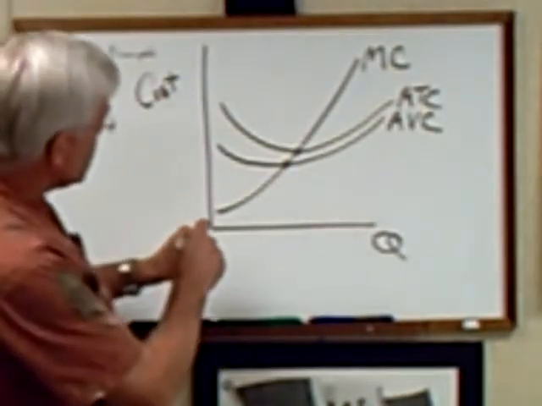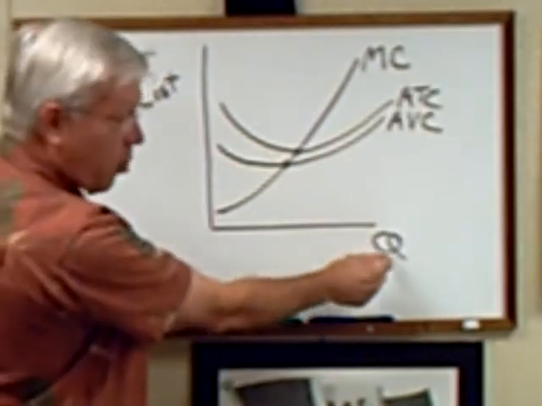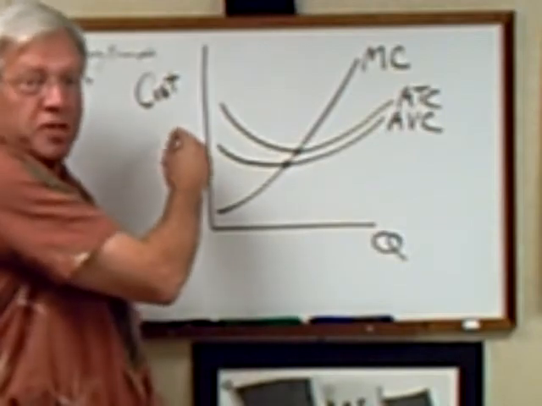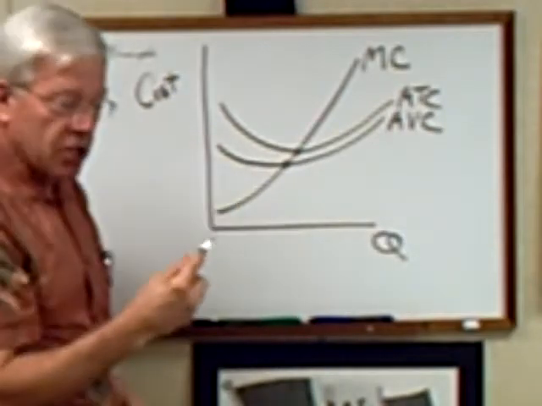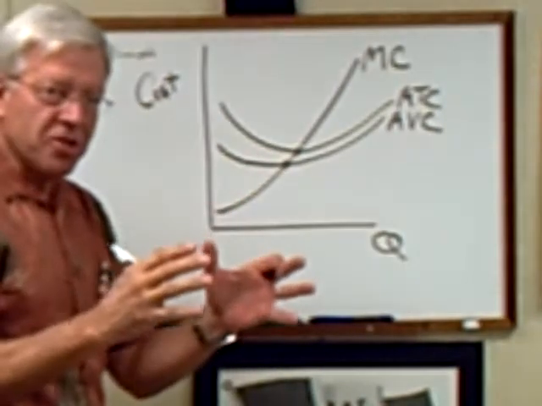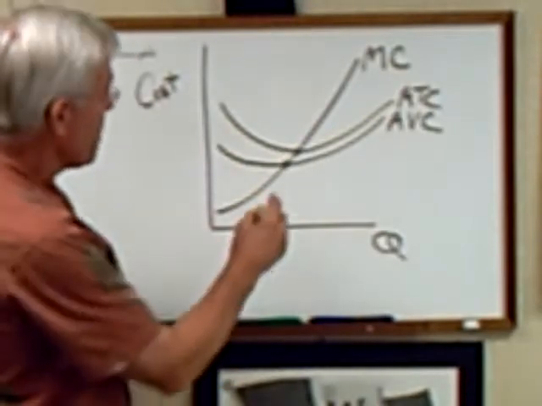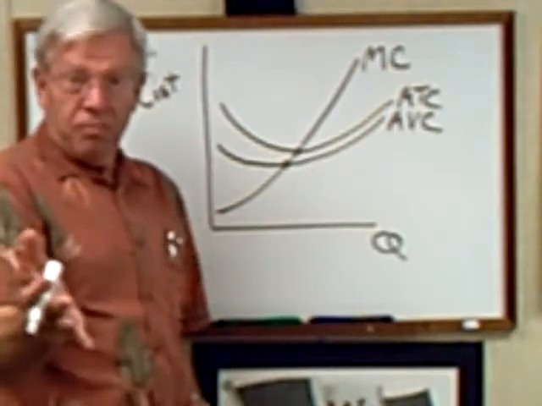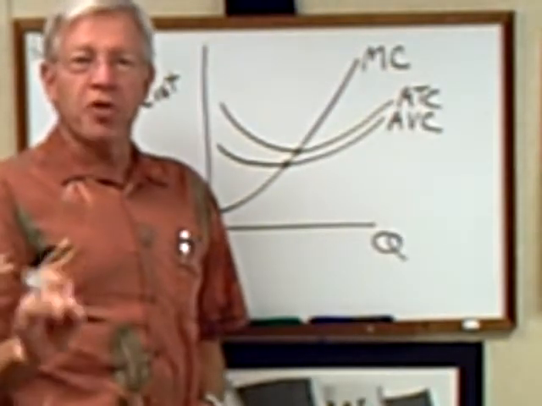Okay, first, we have our quantity here, and for the business, instead of price, what we have is the price of doing business, or the cost. We'll look at how this pieces together here in just a few minutes. Now, marginal cost represents the supply curve for this business.